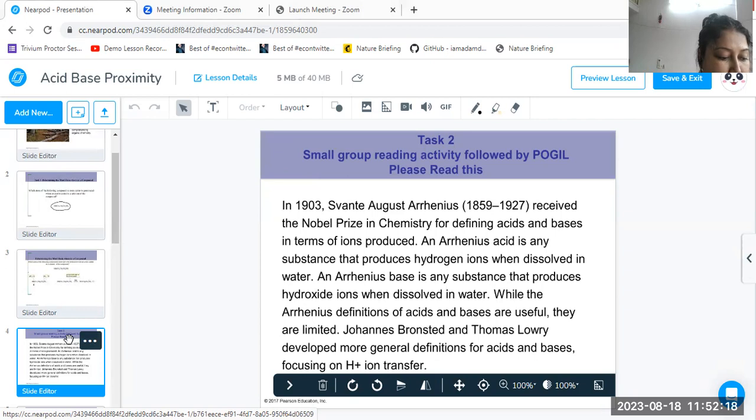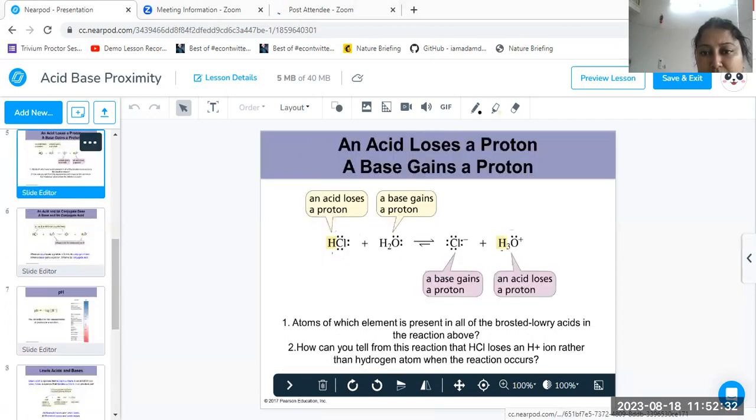So Student G, could you please read the paragraph for me? Yes, that's good reading. Thank you, Student G. Now we will come to the exercise part today, where a reaction is given, and based on the reading you did just now, you have to answer these two questions. These two questions are based on the reaction and the reading.